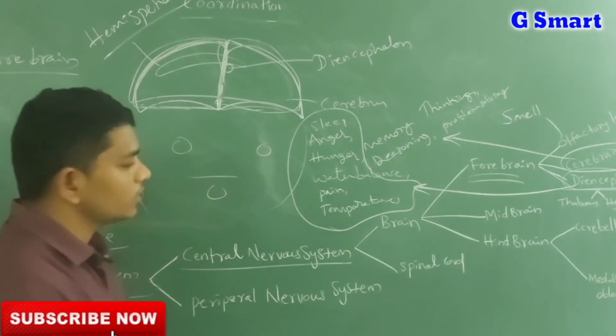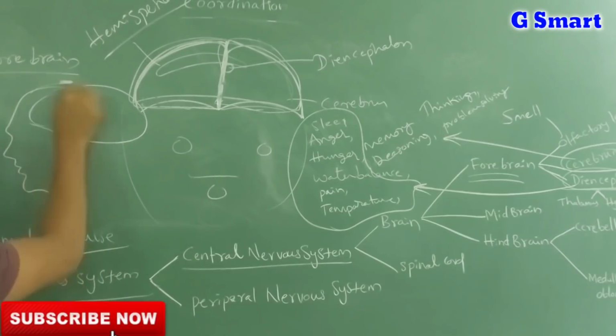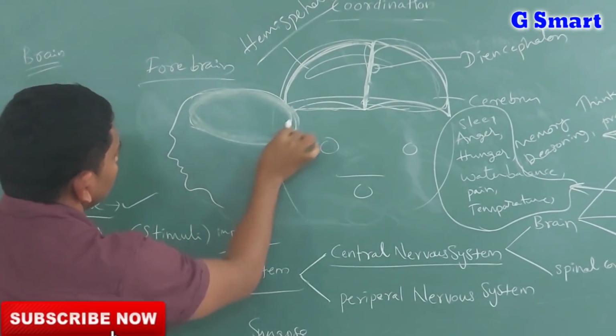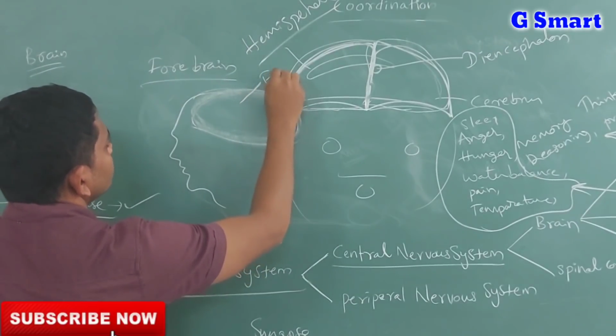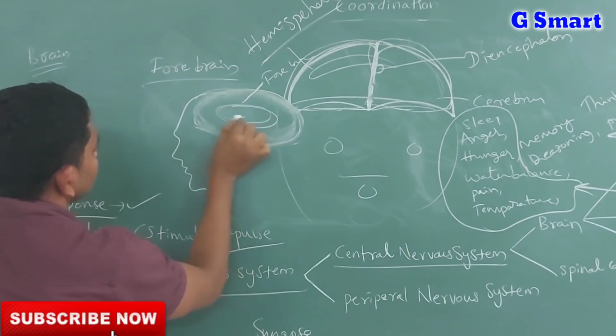And let us discuss the midbrain. If it is the brain, the outer part is called forebrain.